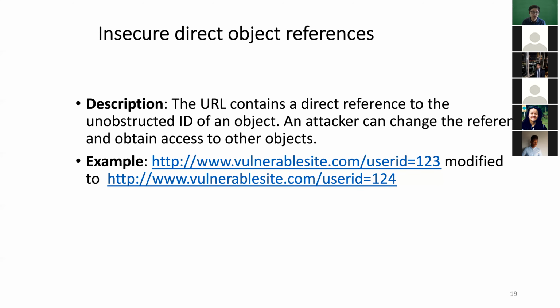Next one is insecure direct object references. For example, a user is accessing a web server, and they are sending a request to the web server, and they have done the authentication, everything.